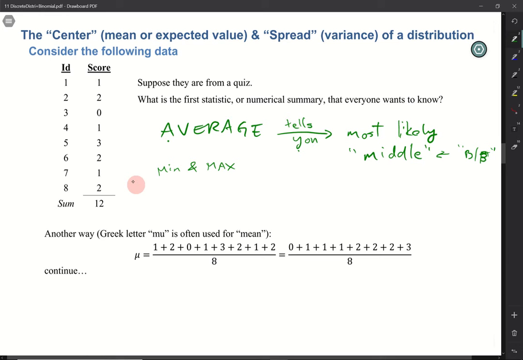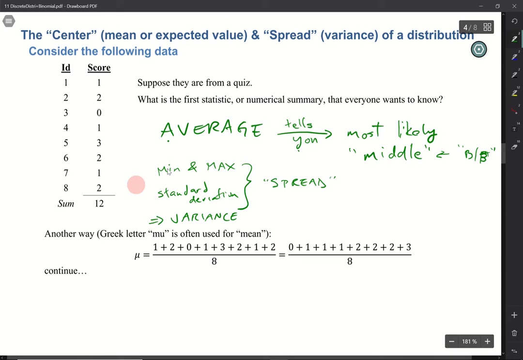And what do those tell you? Those tell you something about the spread, right? And so there's this other one called the standard deviation, and this other one actually called the variance.